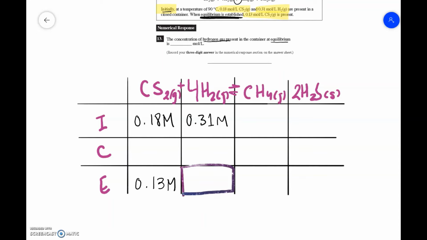For this problem in specific, we won't really need to deal with the products, but just in case, the products initially begin at 0 because we are assuming that only the reactants are in the closed container to begin with. The products are later produced when the reactants react with each other.